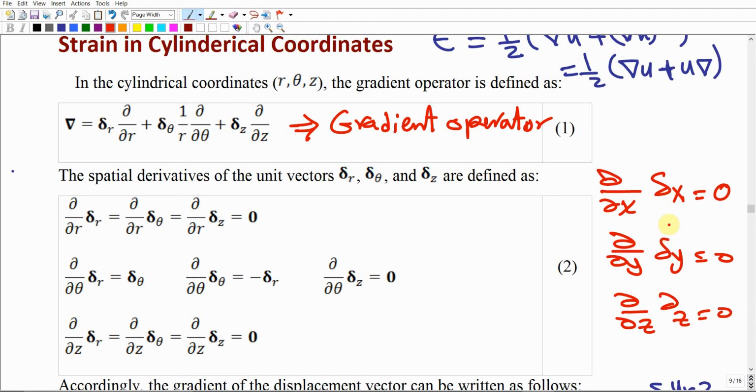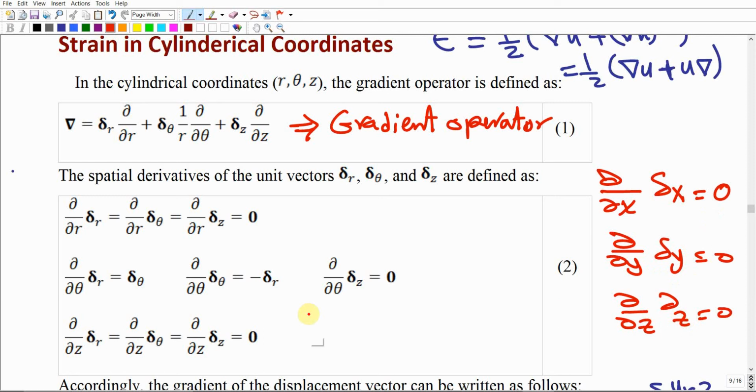Why 0? Because it is a unit vector, its value is just unity, a constant, so there is no derivative. Its derivative is going to be 0, the same thing for y, and the same thing for z.